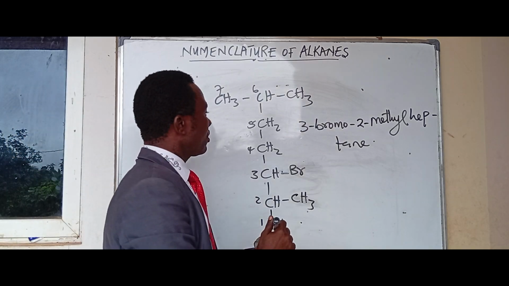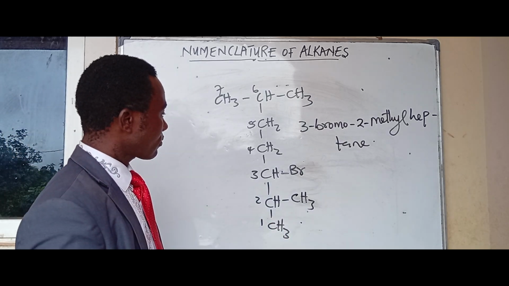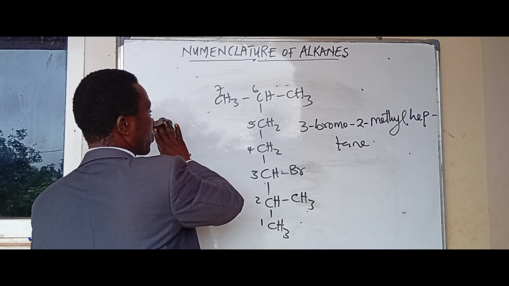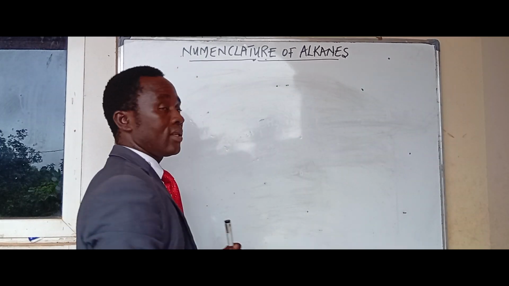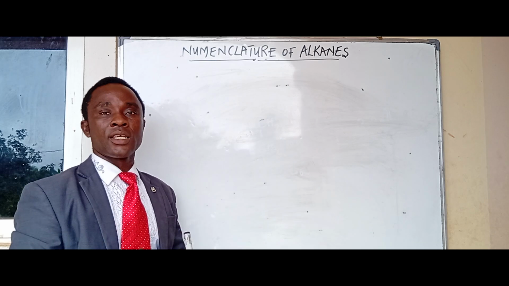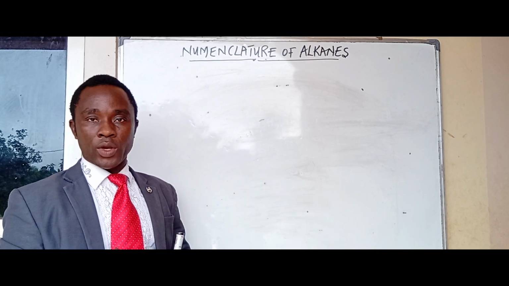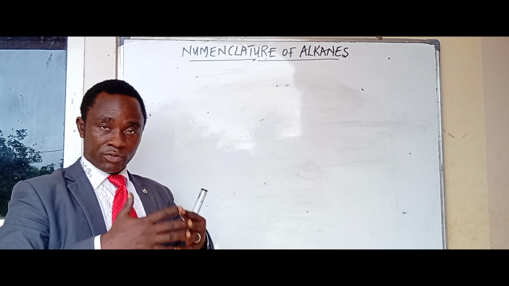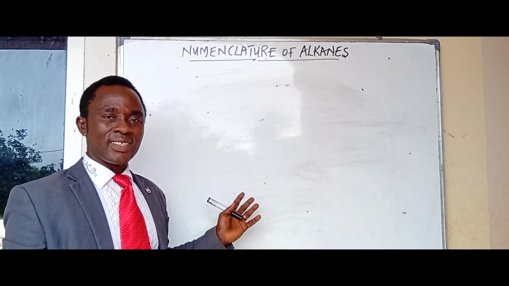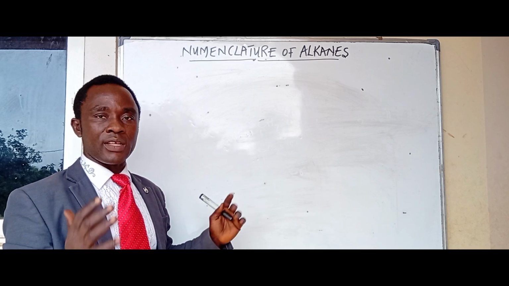Now, having taken that, we go to the next rule of naming. The next rule is that if you have the same substituent, or if you have different substituents from the same position from either end of the carbon.